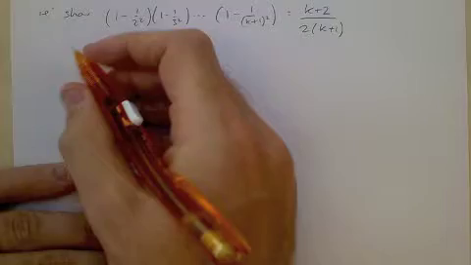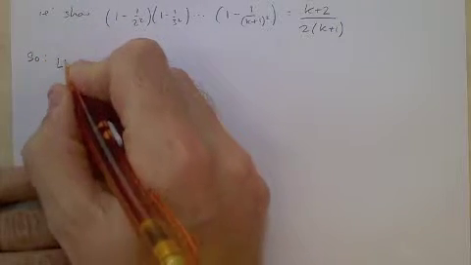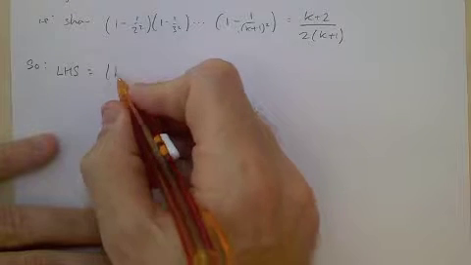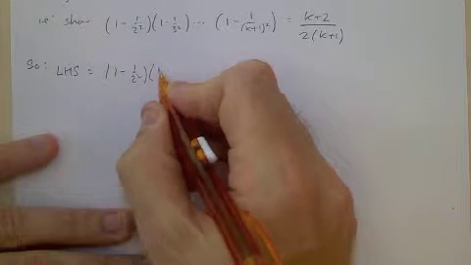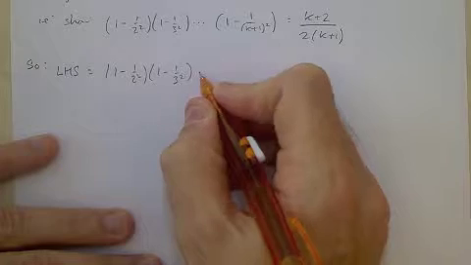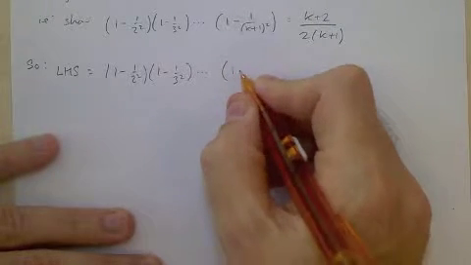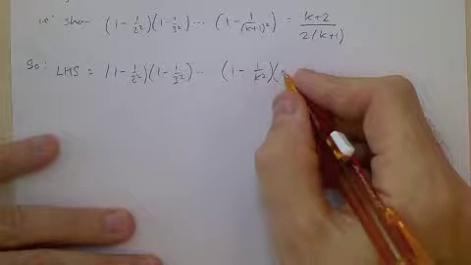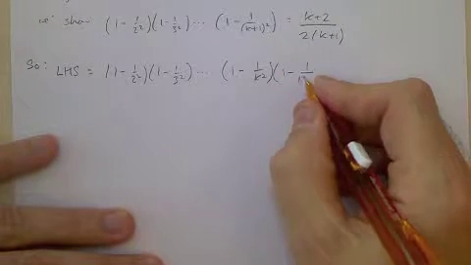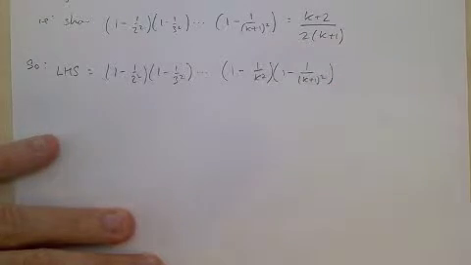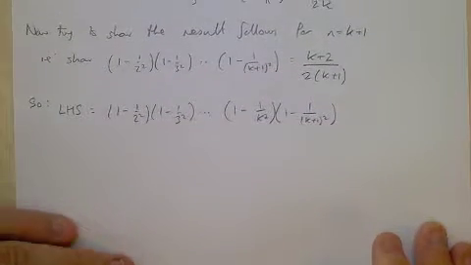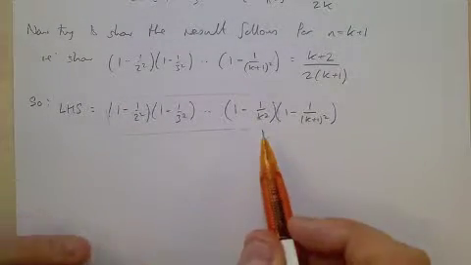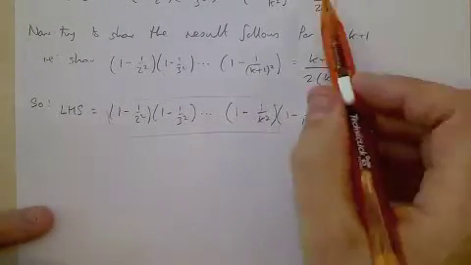So the left-hand side of this equation here is 1 minus 1 on 2 squared, 1 minus 1 on 3 squared, all the way up. I'm actually going to write the last two terms. 1 minus 1 on k squared was one before it, and then the last one, 1 minus 1 on k plus 1 squared. Now the reason I've done that is that I can see in here, this is an expression that I'm assuming is equal to this.